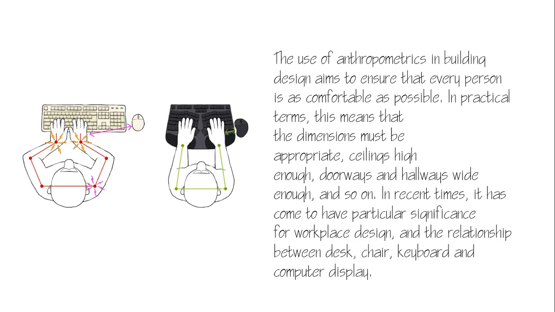The use of anthropometrics in building design aims to ensure that every person is as comfortable as possible. In practical terms, this means that the dimensions must be appropriate: ceilings high enough, doorways and hallways wide enough, and so on.